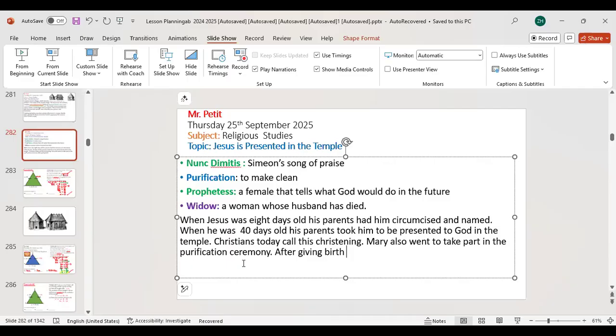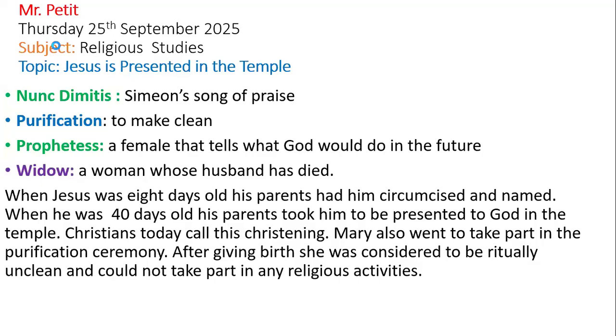So after giving birth, Mary was considered to be what? Ceremonially or ritually unclean, and could not take part in any religious activities. So she was ceremonially unclean and could not take part in any religious ceremony.